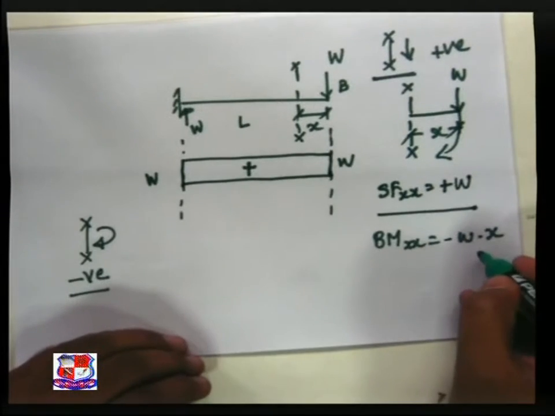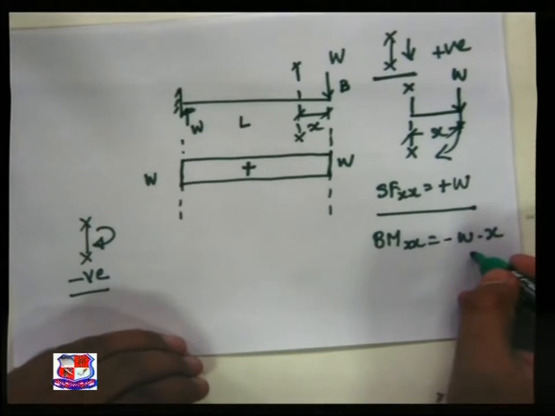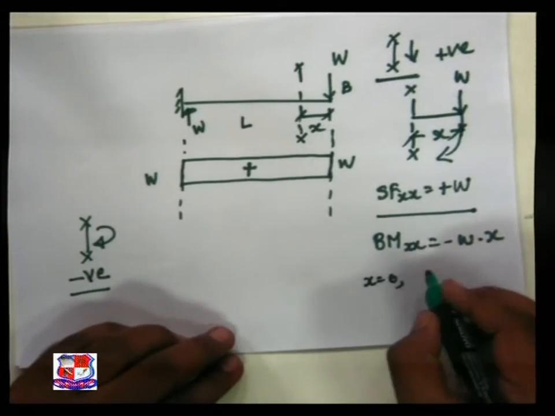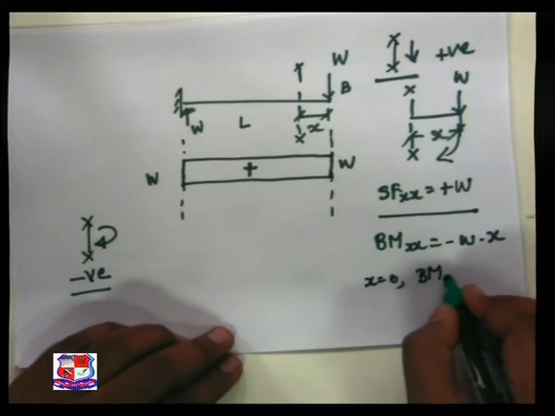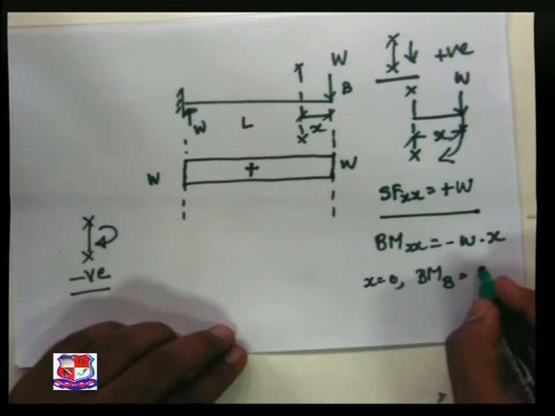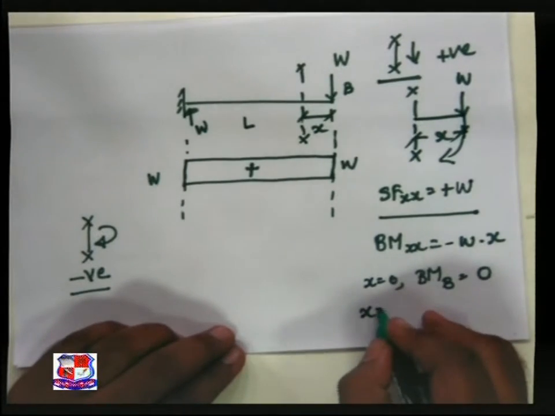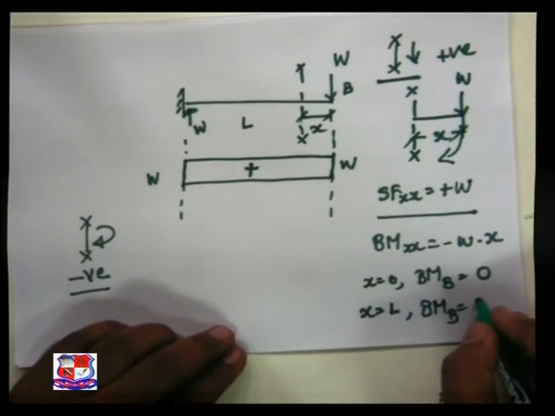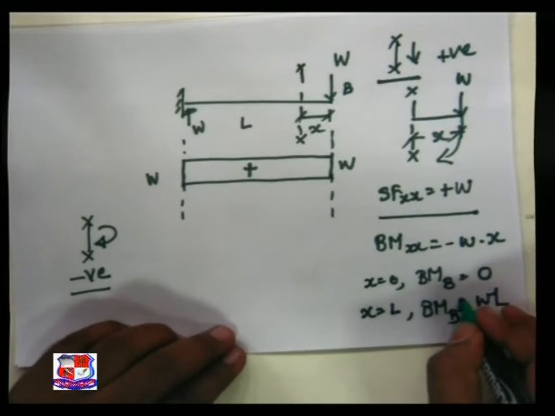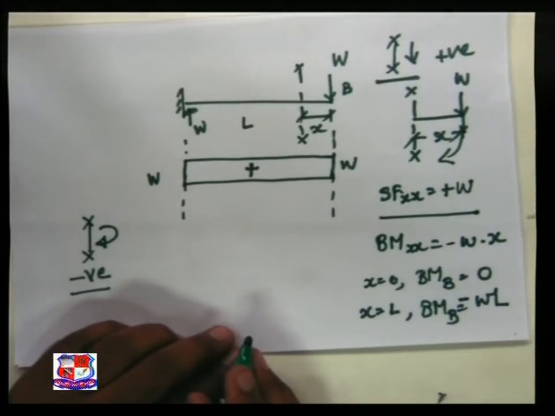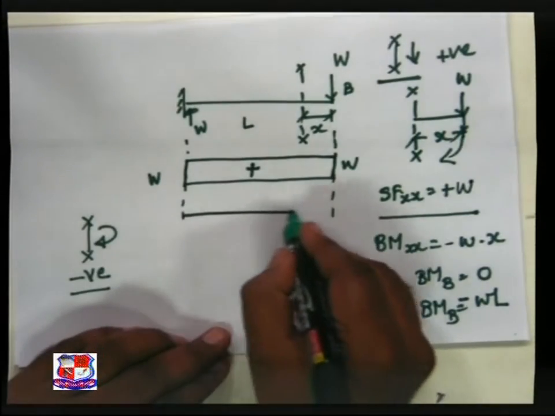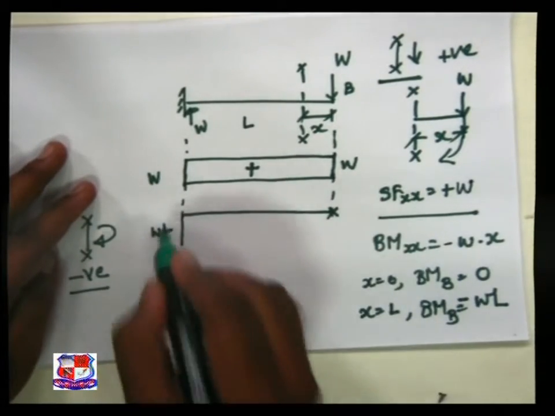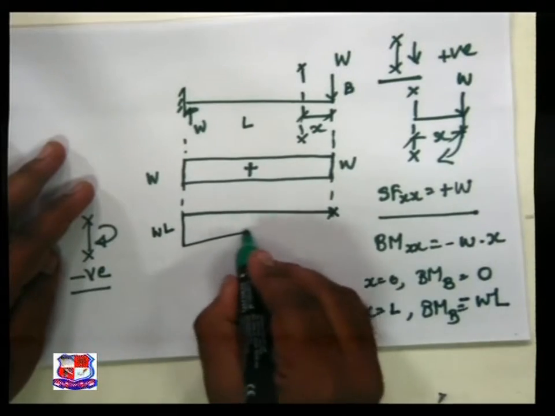This is a linear equation. So if we put x equal to 0, bending moment at B is equal to 0. But if we put x equal to L, bending moment at A is equal to W into L with the negative sign. And if we plot this diagram, 0 over here, WL is over here, joining this line, so an inclined straight line.